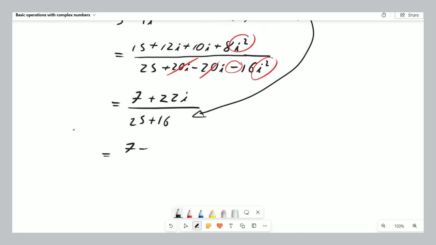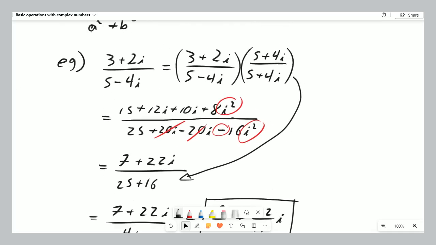So we have 7 plus 22i divided by 41, because 25 plus 16 gives us 41. And so we have 7 over 41 as our real component, plus 22 over 41 i as our imaginary component.